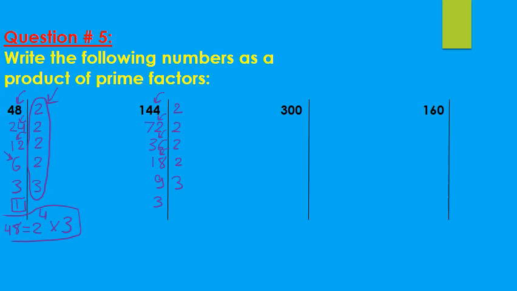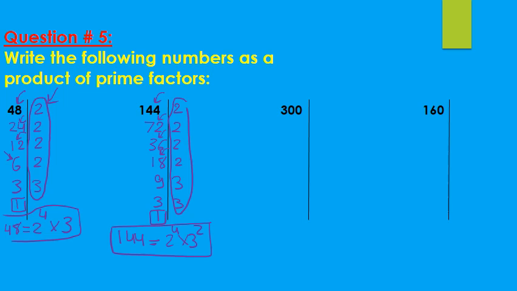The answer is 3. And 3 is divided by 3. We finished the prime factors of 144, and these are the prime factors. So 144 as prime factors equals 1, 2, 3, 4. So 2 to the power 4 times 3 squared. These are the prime factors of 144.